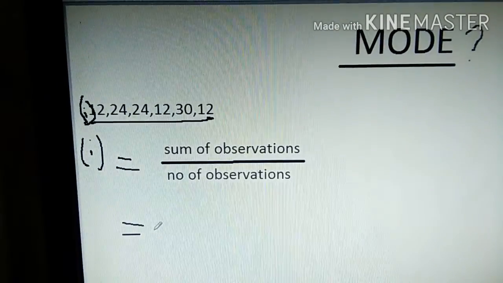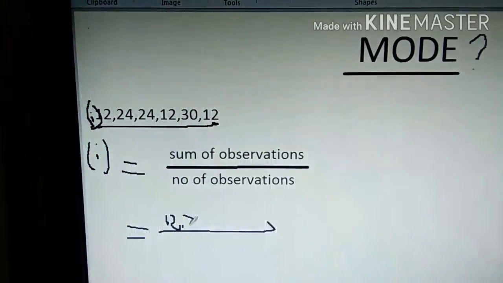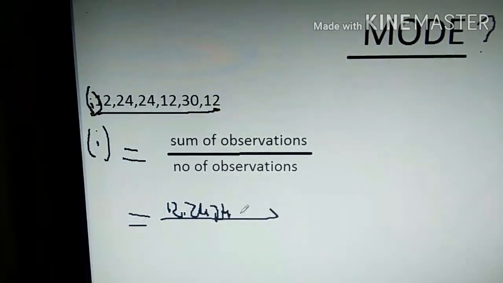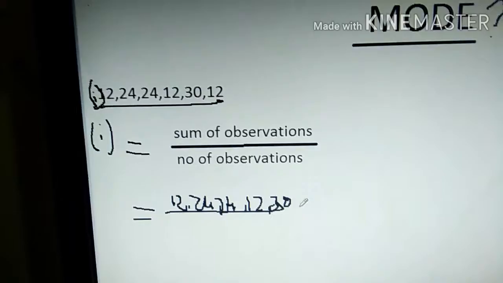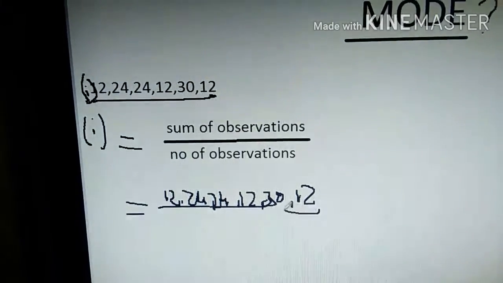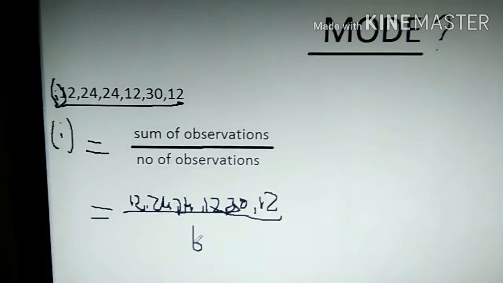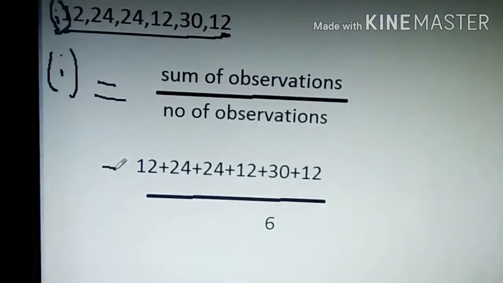Now, we need to write these values: 12, 24, 24, 12, 30, 12. There are 6 observations. So, we need to write the 6 observations here, which gives like this.